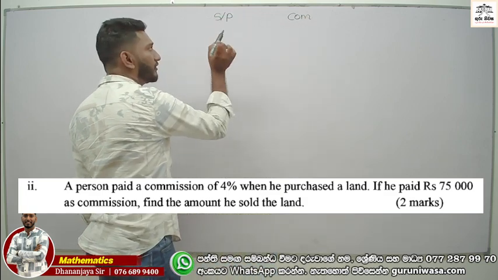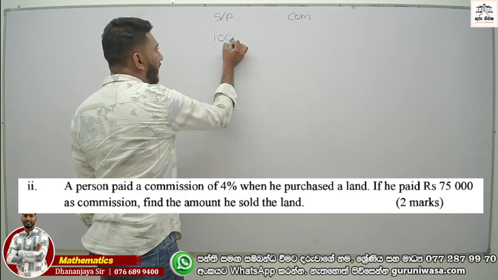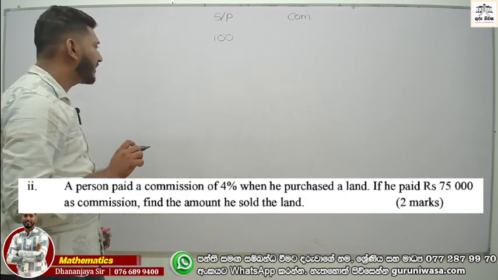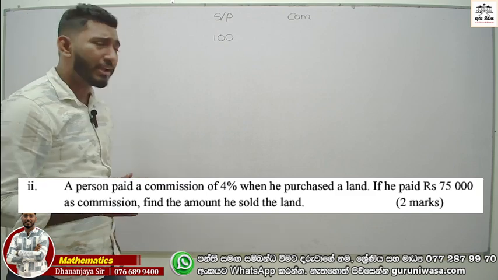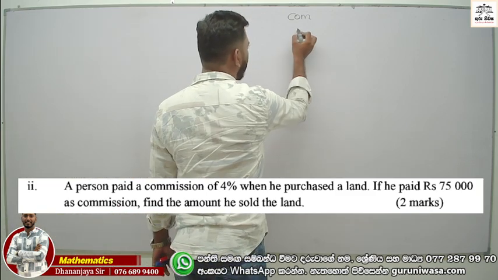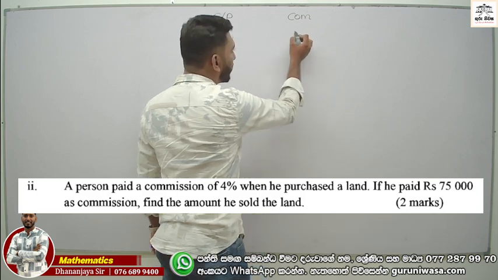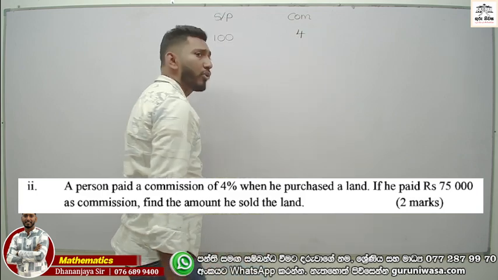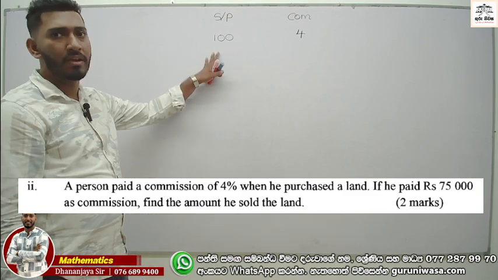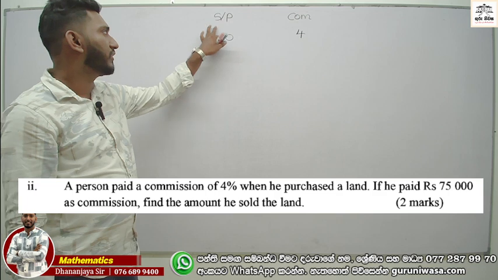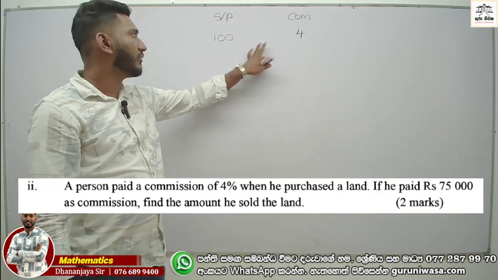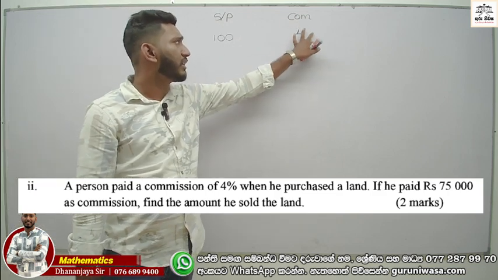Now the value of the land becomes 100. What is the commission value? It should be 4%, therefore 4 rupees for 100. This is the value of the land, therefore 4 is the commission.